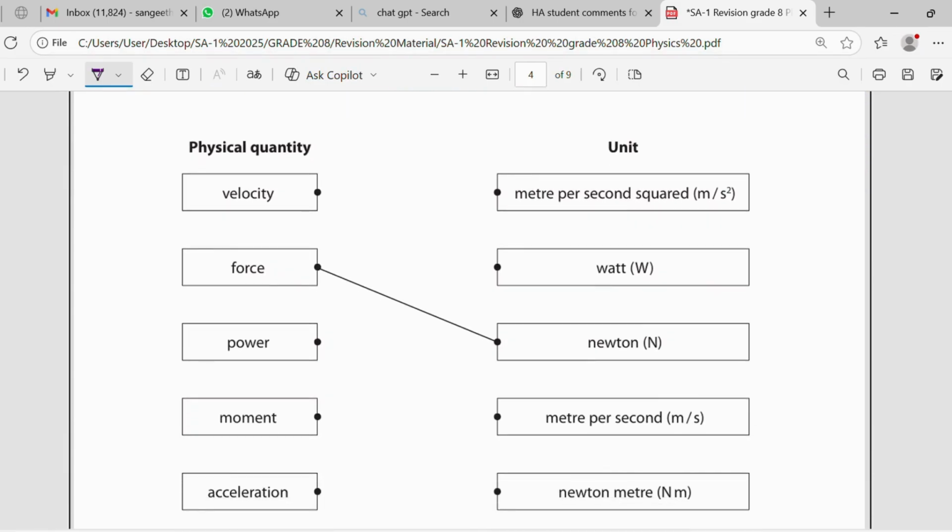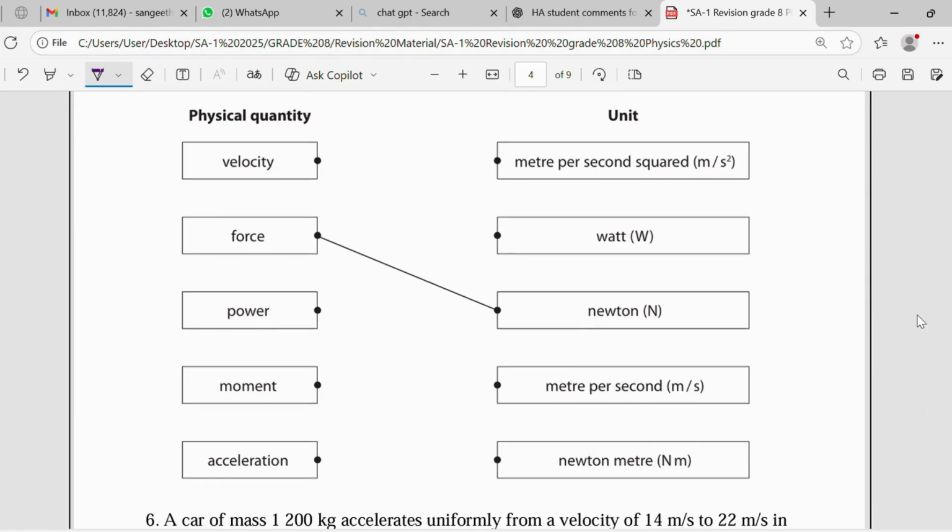Here the physical quantity is given and units also given, and one is already done for you. That means force, you know the unit is Newton. Now, coming to velocity. We know that the unit of velocity is meter per second.